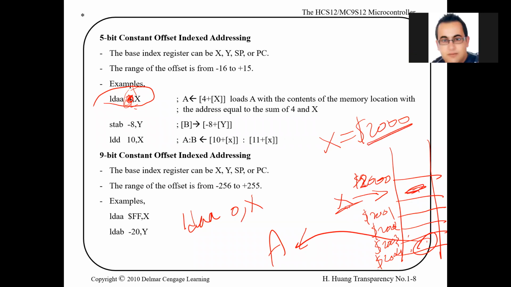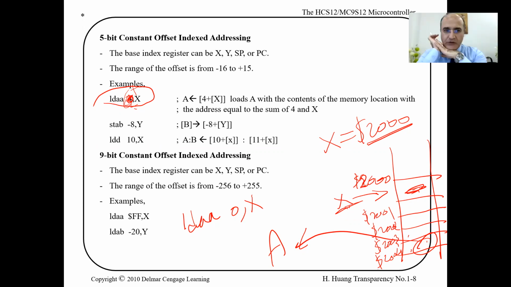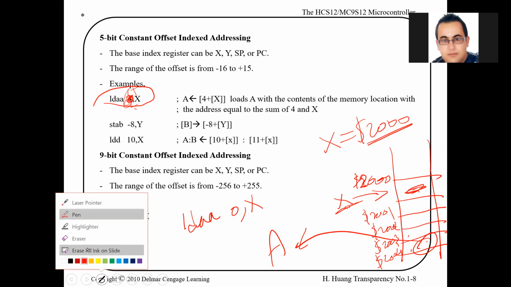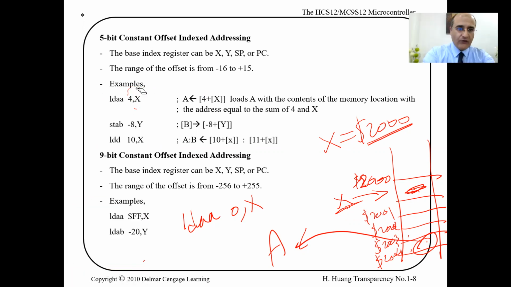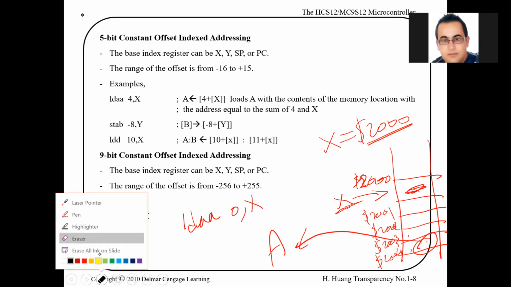Okay? Doctor, here the 4 is the offset, right? Again, the 4 is the offset. Yes, 4. Sorry, so it is 4 bytes here? No, 4 locations. It's an offset to the address. Okay, because in the previous slide you said it could be 4 bits, 5 bits, 9 bits.